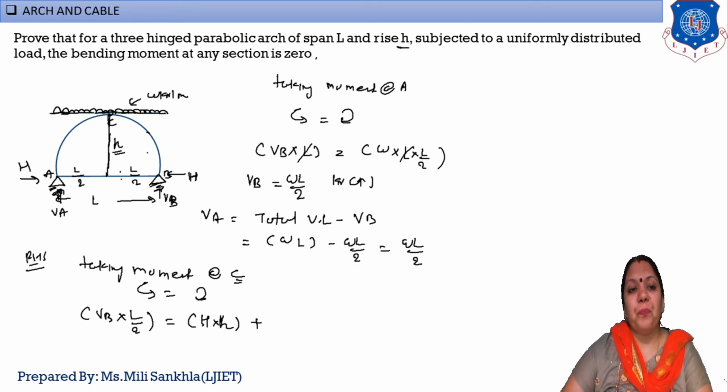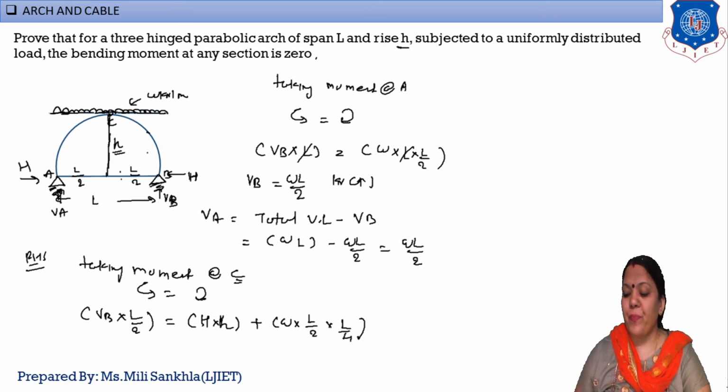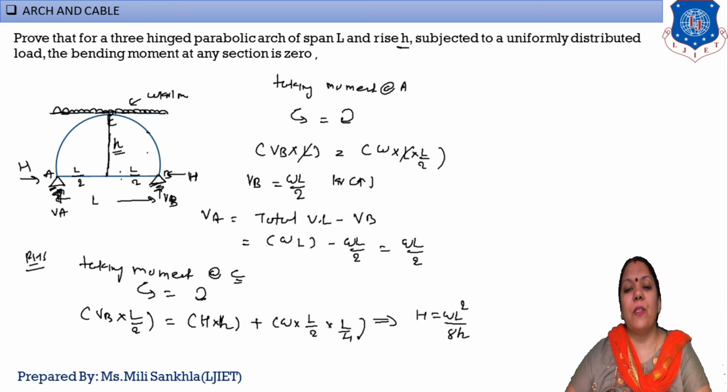Plus is equal to W. What is the moment of the UDL? Load into distance: it is L by 2, and half of L by 2 is equal to L by 4. After simplification, our answer for H is equal to WL square by 8H.